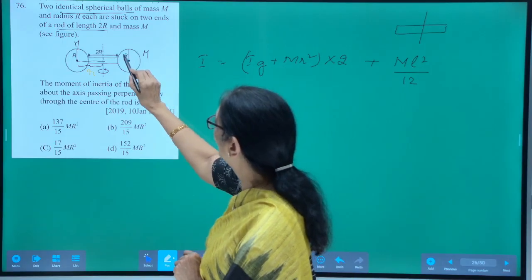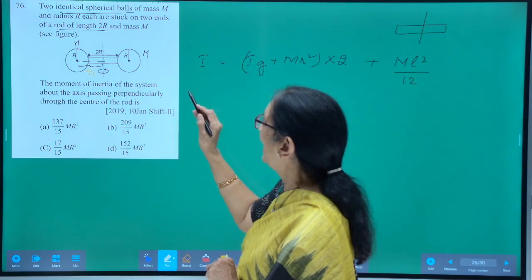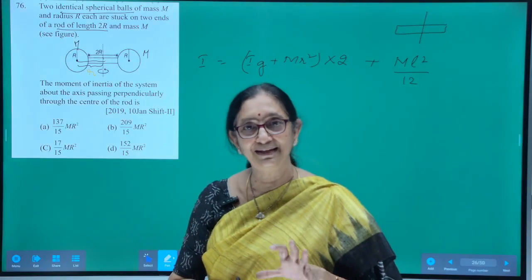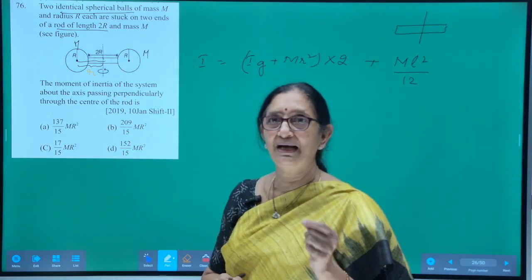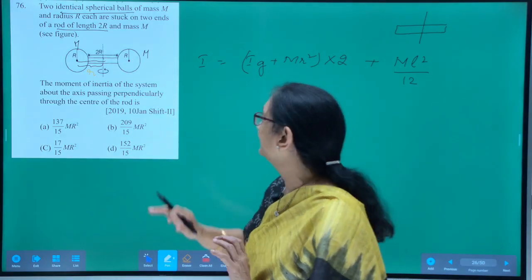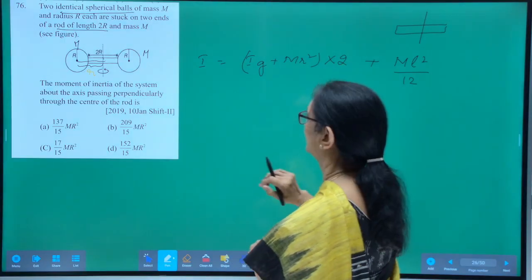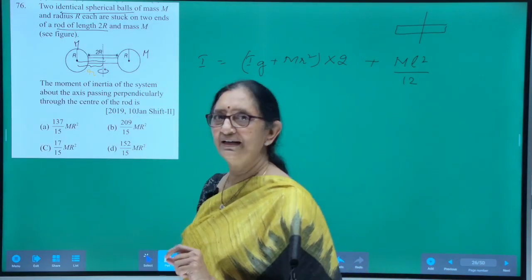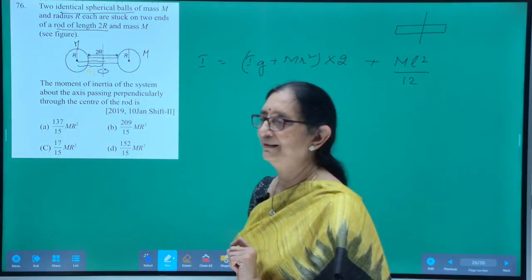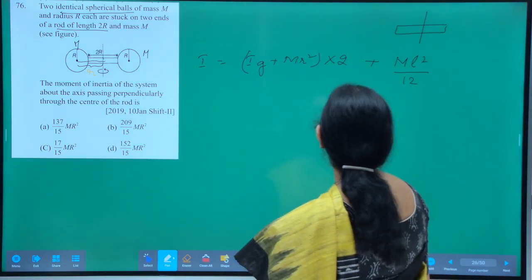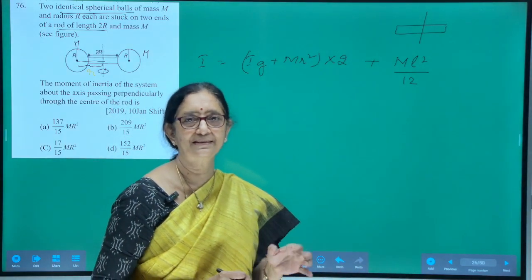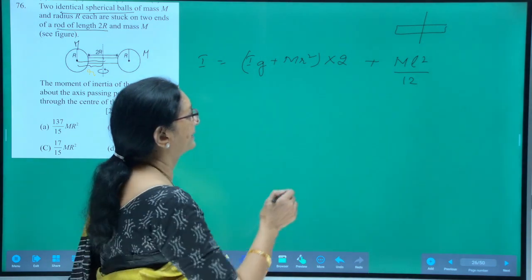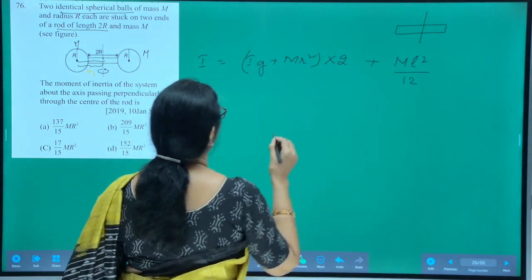For this also Ig plus mr square, as the two spheres are identical and they are at the same distance from the axis under consideration, we just multiplied that with 2. And this is a rod of mass m, length 2r. So for any rod of mass m, length L, moment of inertia about an axis passing through the center perpendicular to the plane is mL square by 12.